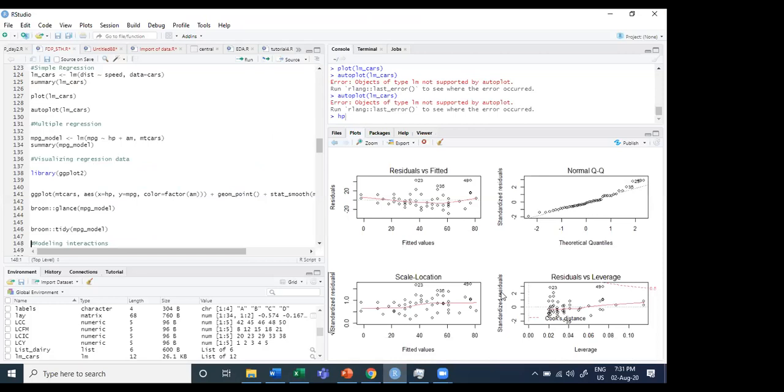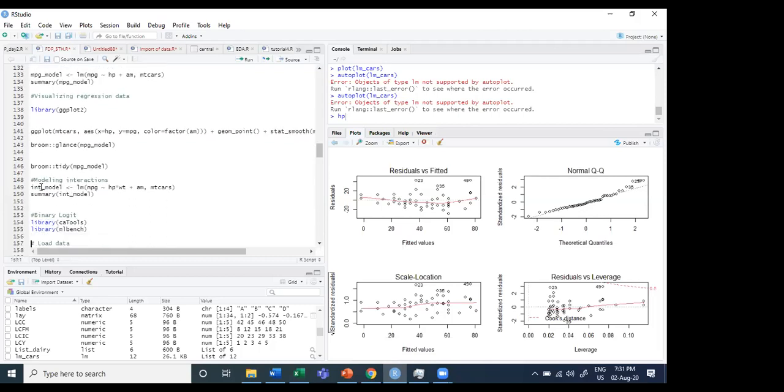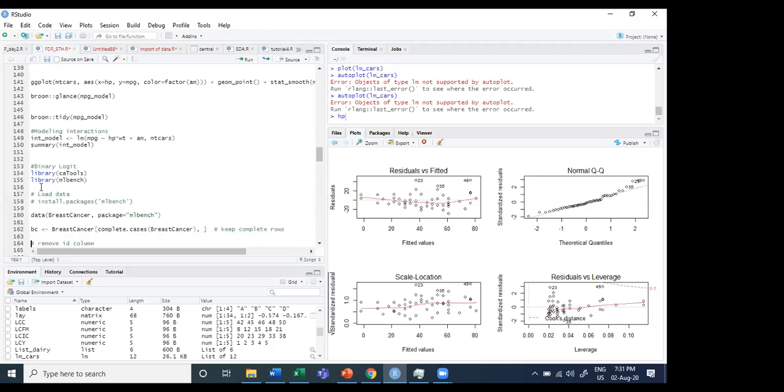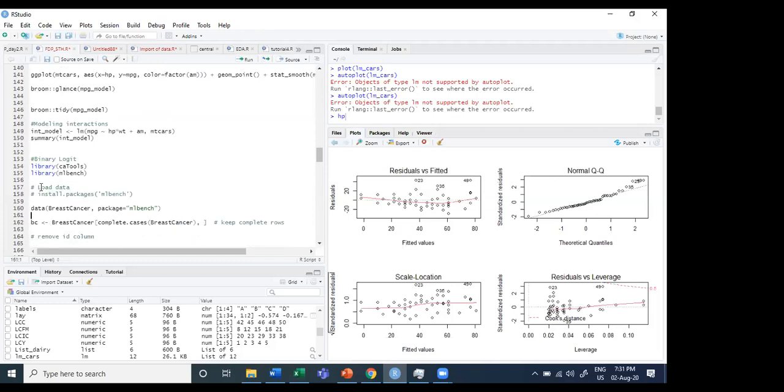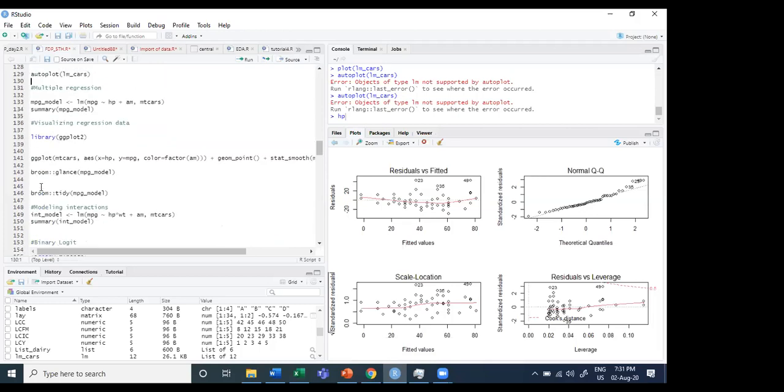Now, what we can see here is that we are trying to discuss the detailed aspects of multiple regression. Now, I am using the same data set. I have shown you various aspects, and I think our participants must be able to understand it. Let us go to the multiple regression portion.